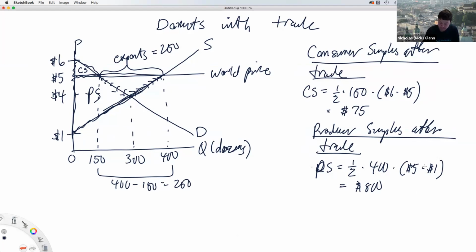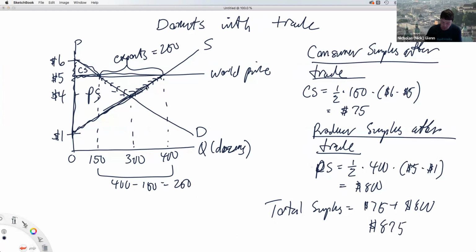Okay. What about the total surplus? We'll just add these two together. Consumer surplus was $75. Producer surplus was $800. So $875. Remember previously, when there's no trade, the producer and consumer surplus totaled out to be $750.